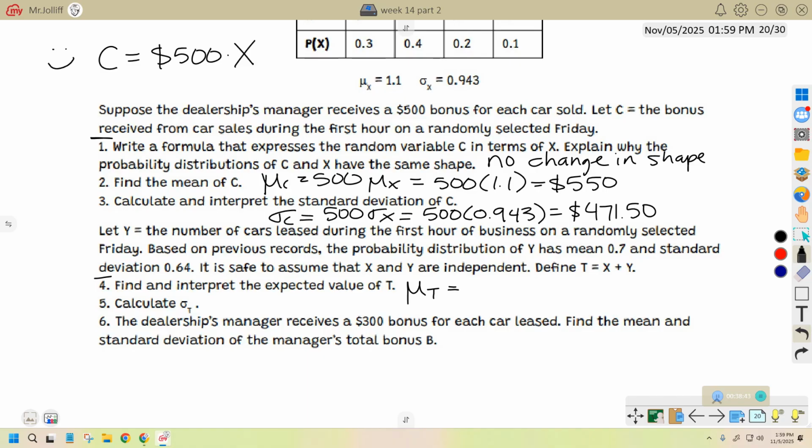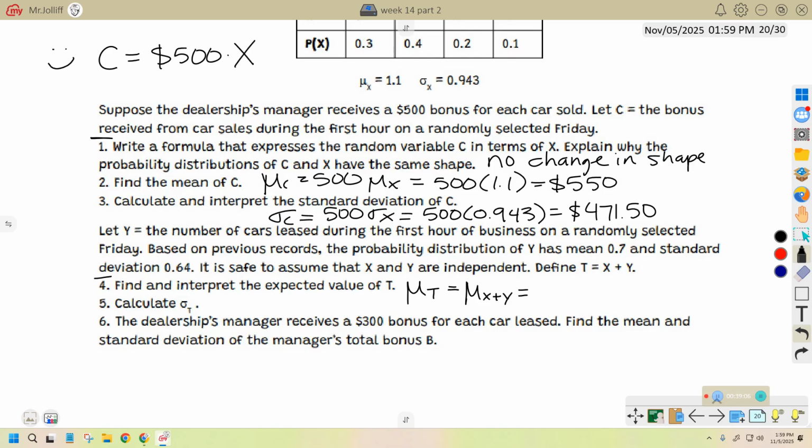I know that this is mu x plus y. How do I find that value? Valeria, how do I find that value? What did I do to the variables? I added them.